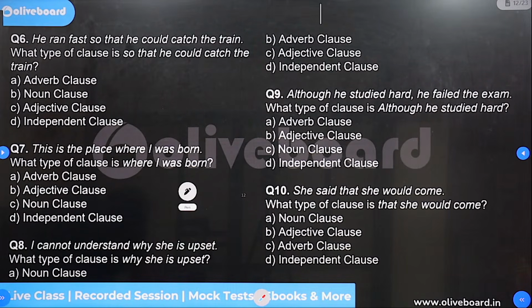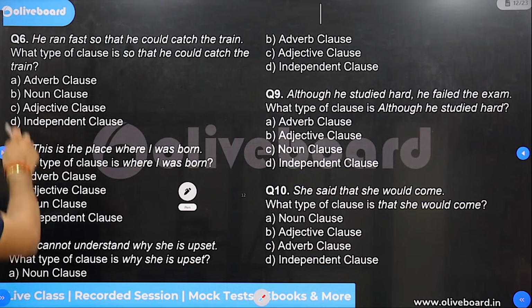Thank you. Adverb clause of purpose. 100% correct.